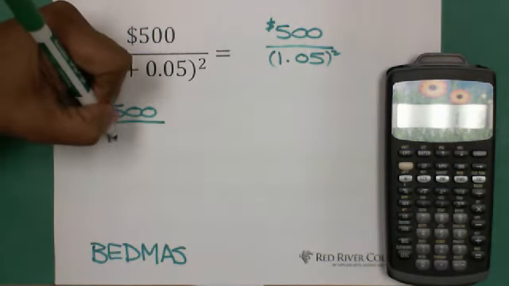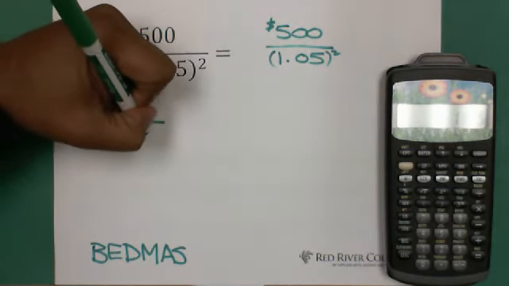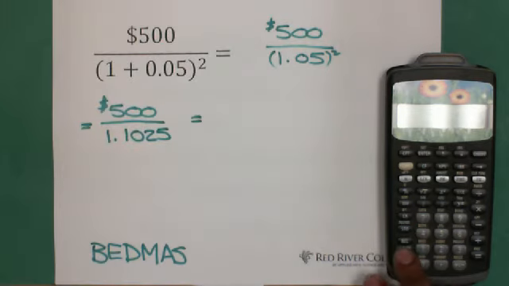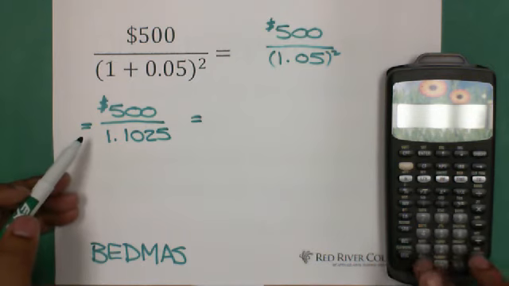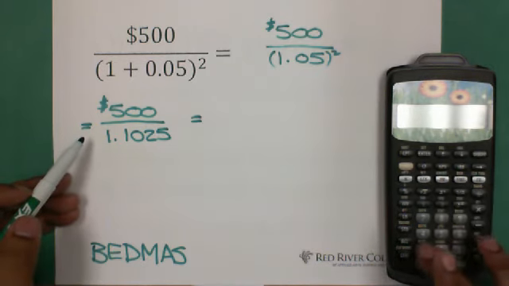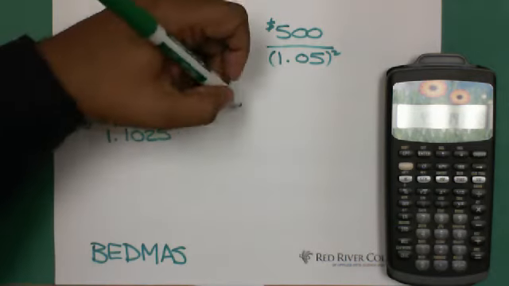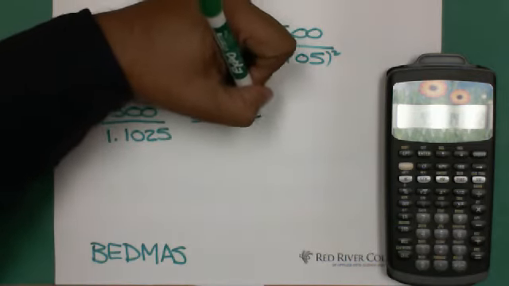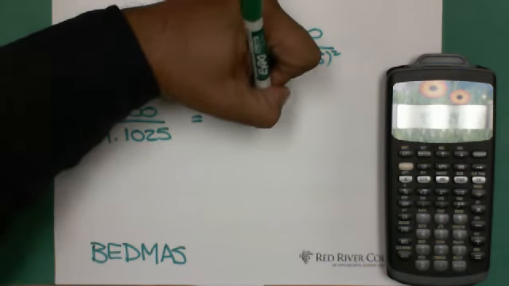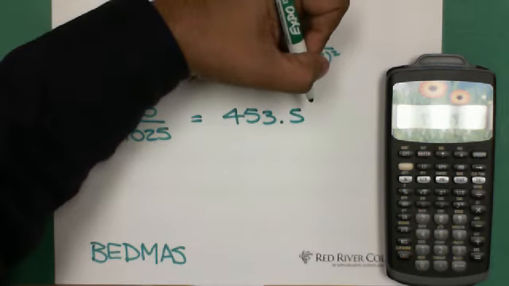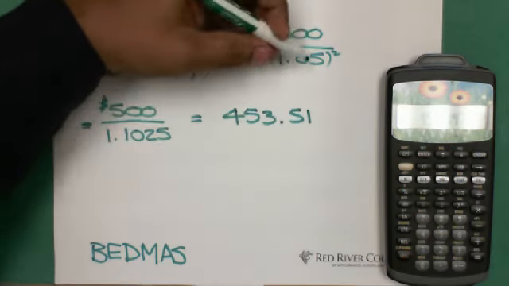Okay, so now I've got 1.1025. All right, let's try this now. 500 divided by 1.1025 is $453.51.